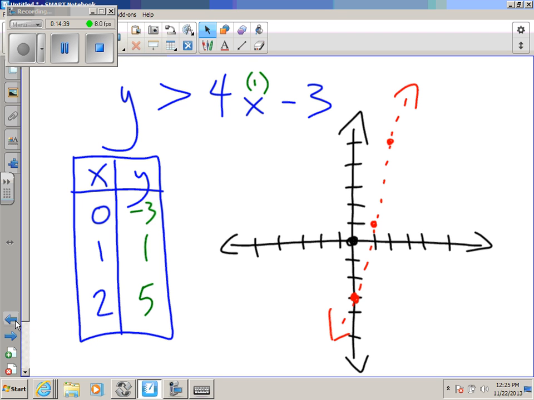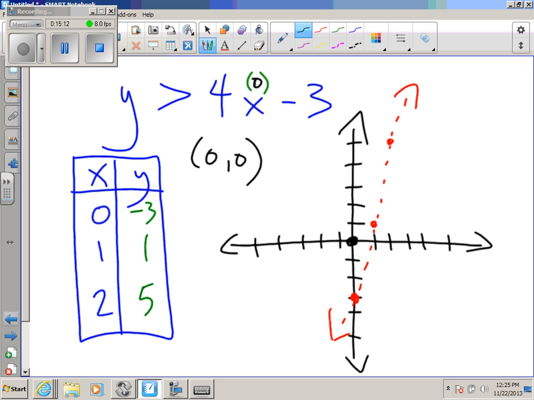So we are going to test 0, 0, just like you did in the warm-up with the training wheels, remember? If it works, then we will shade the portion of our coordinate grid that contains 0, 0. If it does not, we're not going to shade that part. So let's plug it in and test it out.